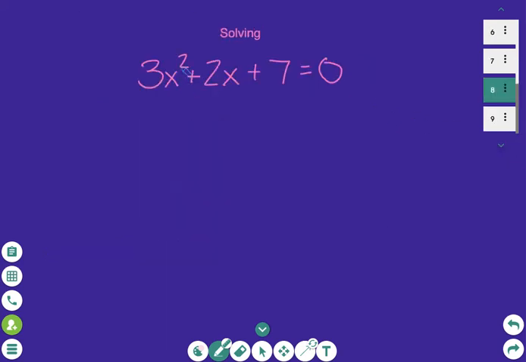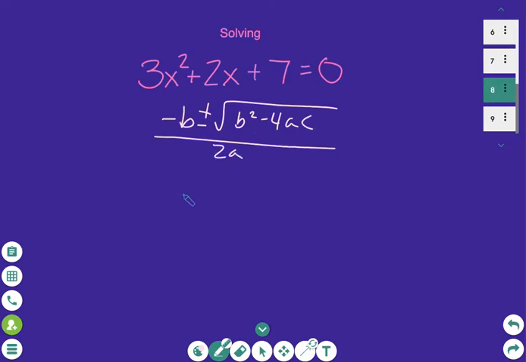Solving is a little bit more difficult. So you've talked about probably multiple methods of solving a quadratic, but we're going to be focusing on the quadratic formula. So that was negative b plus or minus the square root of b squared minus 4ac over 2a, where a comes from in front of the x squared, b comes from in front of the x, and c comes from the constant number.